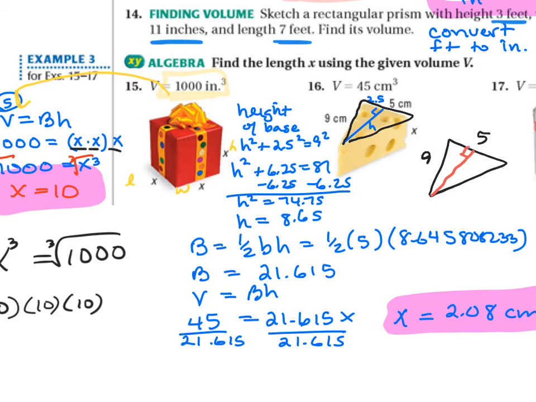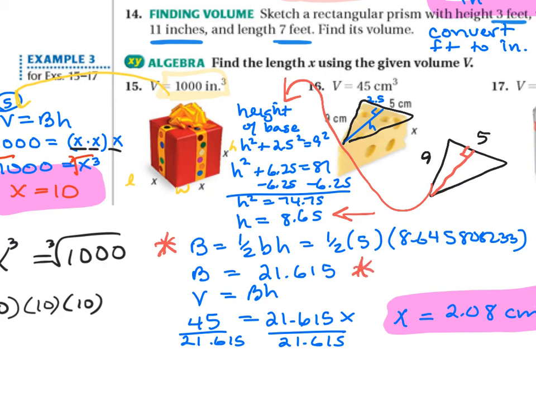And then I had to do the Pythagorean theorem to get the height of that triangle base. Once I did that, and because we're using a calculator, the height of the triangle base is 8.65. Then I can do the formula for area of my base, 1/2 base times height. It was a triangle.